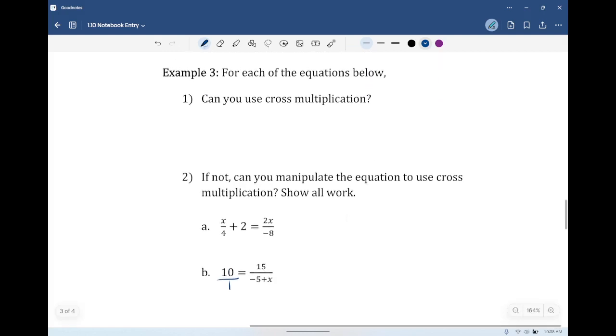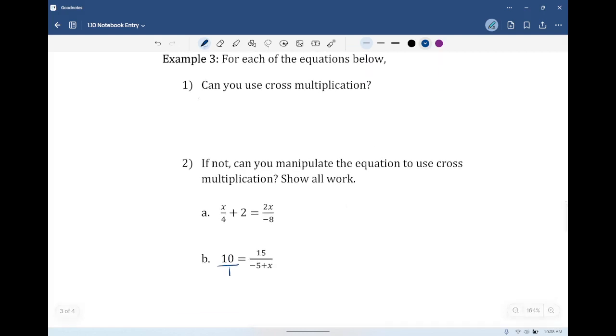So we can use cross multiplication for B, but not for A.